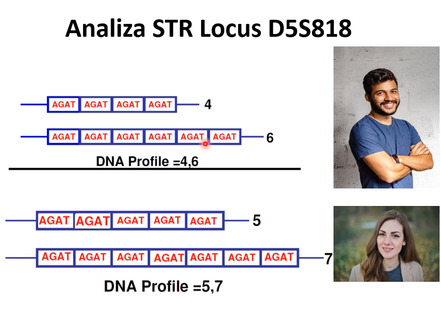So his DNA profile for this particular locus is 4,6. And we have the woman, and again homologous chromosomes, 1 from her father, 1 from her mother. On 1 chromosome she has 5 repeats, on the second chromosome she has 7 repeats. So her profile for this particular locus is 5,7.